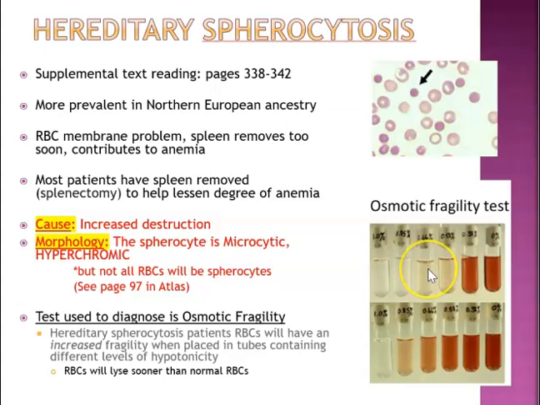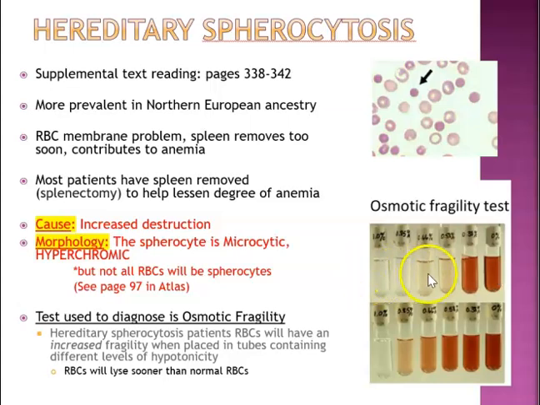The next tube has 0.66%. The next tube has 0.5%. The next tube has 0.3%. And the last tube has 0%. So these have different concentrations of solutions that this sample has been diluted down with.